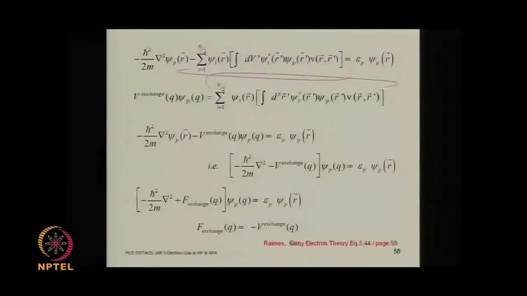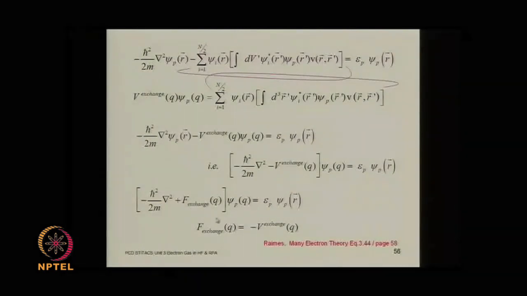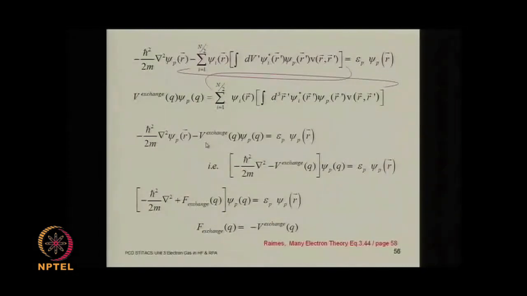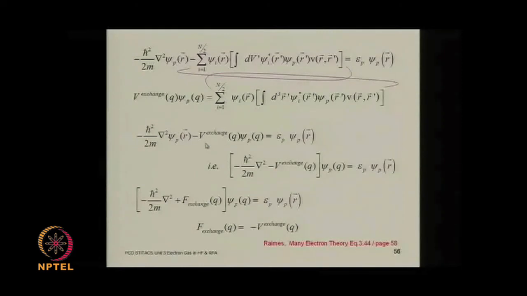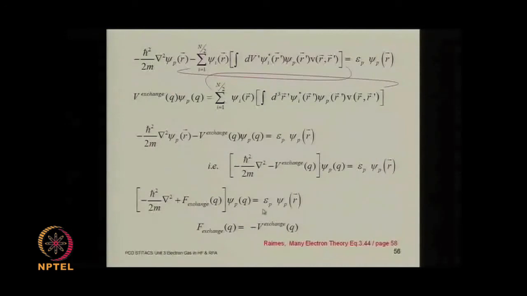So, you have this kinetic energy operator plus the F exchange operator, because the Reims exchange operator is defined as the negative of the exchange operator that we had used in the previous course. That is the only reason why we had to go through this exercise. So, you have this kinetic energy operator plus F exchange operating on psi p, and this is nothing other than the Hartree-Fock equation itself.